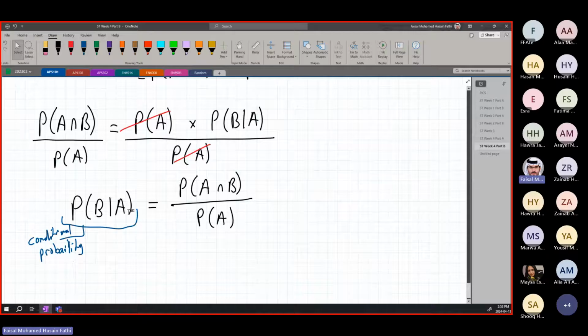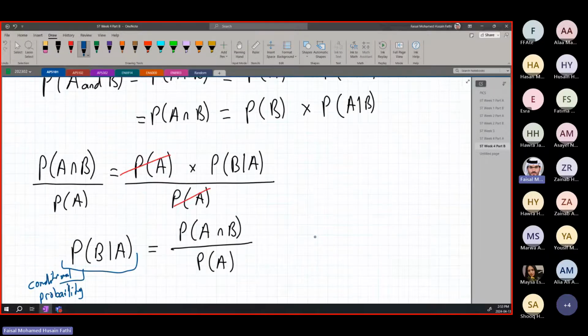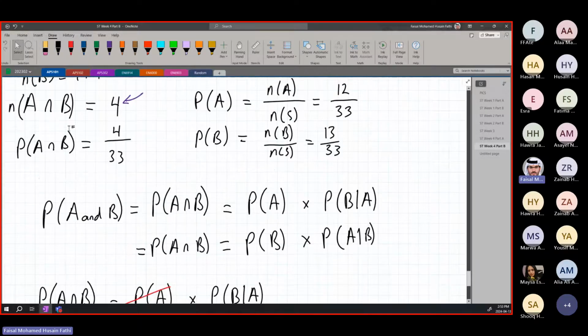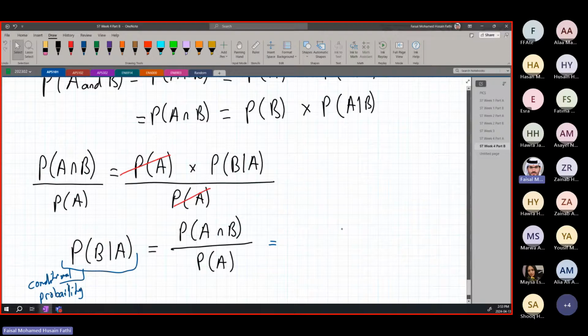To find the conditional probability directly, if you have the other givens, you will just do the opposite, where you will take P of B given A on one side, and you will substitute the values for this. In this case, we already found out that P of A intersection B is 4 over 33.